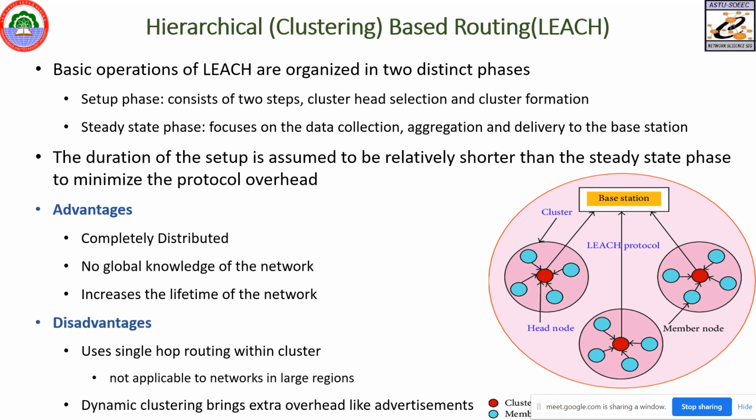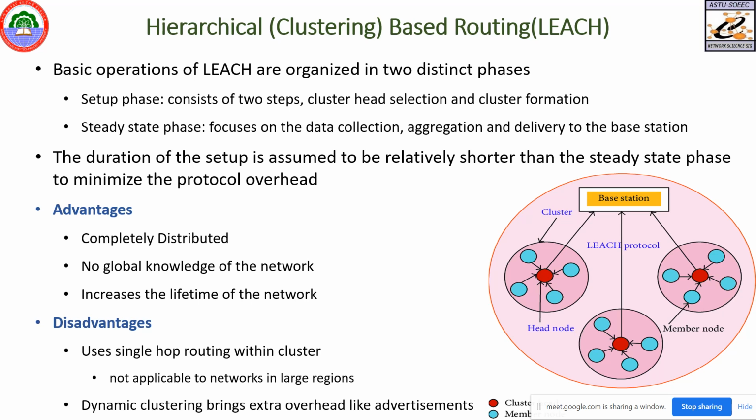The advantage of this LEACH protocol is that it is a distributed protocol, so there is no requirement of global knowledge of the entire network, and it increases the lifetime of the network. When we come to the disadvantages, it uses single hop routing within the cluster, and it is not applicable to networks in larger regions.